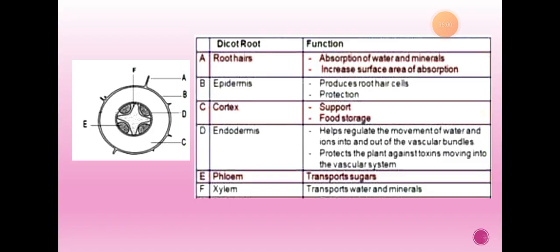Then it protects the plant against toxins moving into the vascular system. All the toxins trying to come inside the plant system, it protects the plant from them, so that nothing can come inside the vascular bundles.